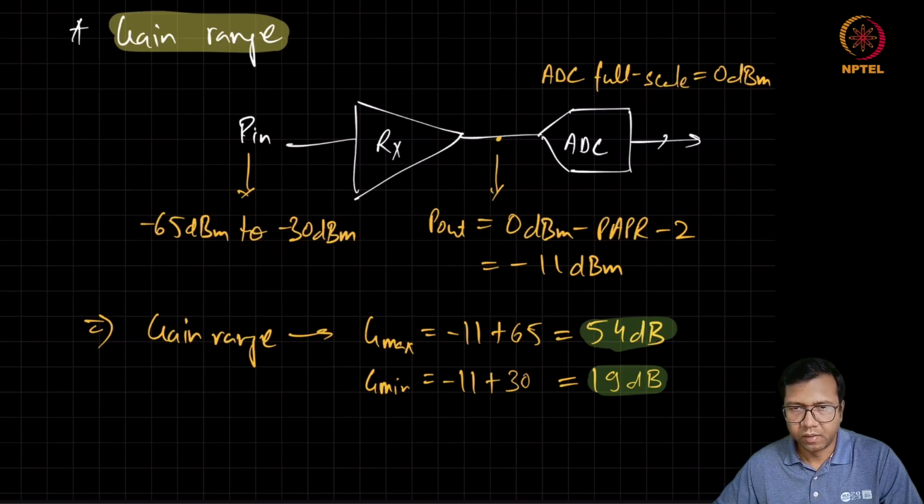So now we know the noise figure, linearity, and the gain spec for the receiver.